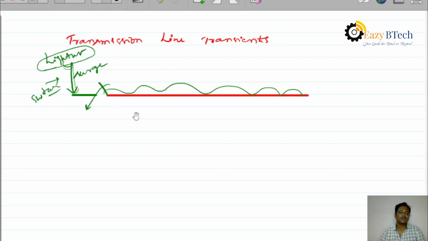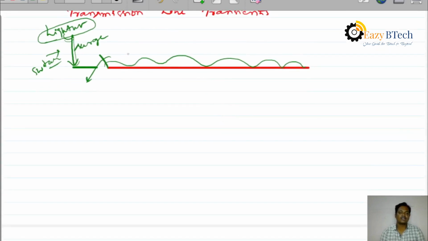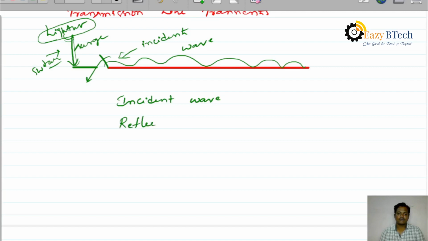Before going to that, we will use some terms: the incident wave, the reflected wave, and the refracted wave, which is also called the transmitted wave.